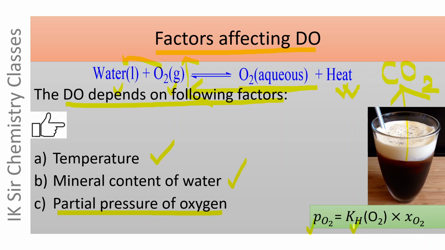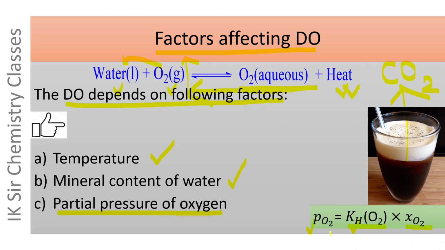If O2 gas is in equilibrium with its saturated solution, the partial pressure of oxygen over the solution is equal to the product of Henry law constant of O2 and mole fraction of O2 in the solution.